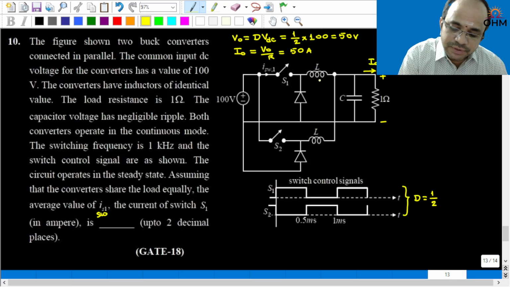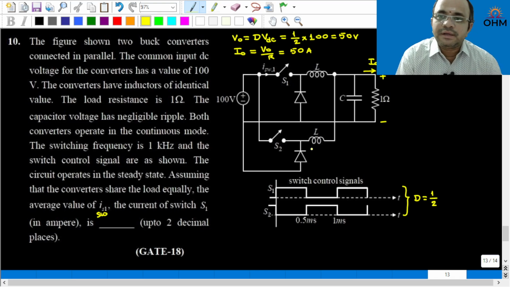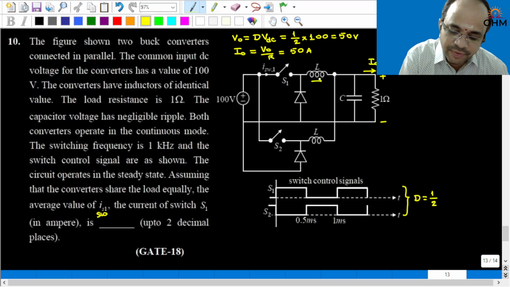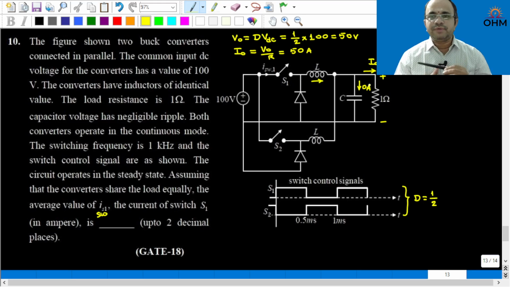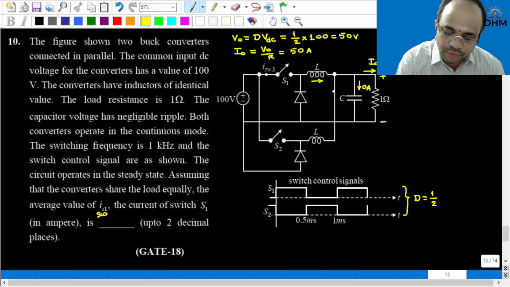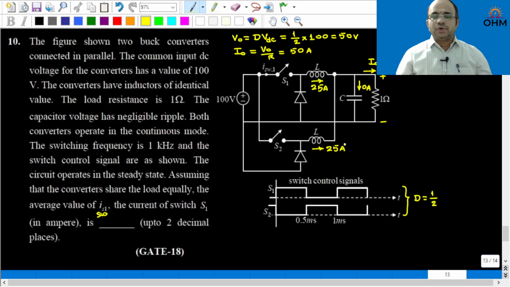Next, because the two inductances are identical, and in steady state the average current drawn by the capacitor will be 0, what will be the current drawn by these two inductors? They will share equally. It will carry 25, it will carry 25. So the average inductor current drawn by the two circuits will be 25 and 25.